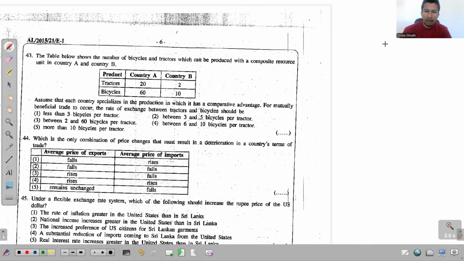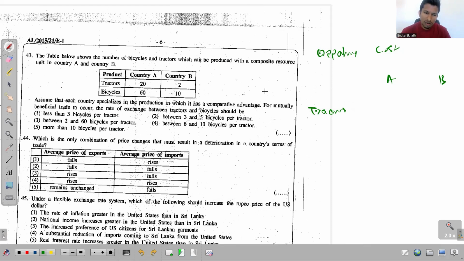Right. So let me take this table here and calculate opportunity cost. So we have the two countries A, B, and the opportunity cost of producing a tractor. And that's enough. That's why I showed you that in all these options, they have calculated the number of bicycles per tractor. Right.